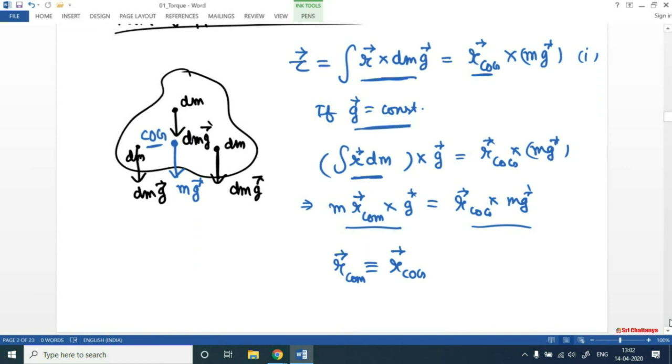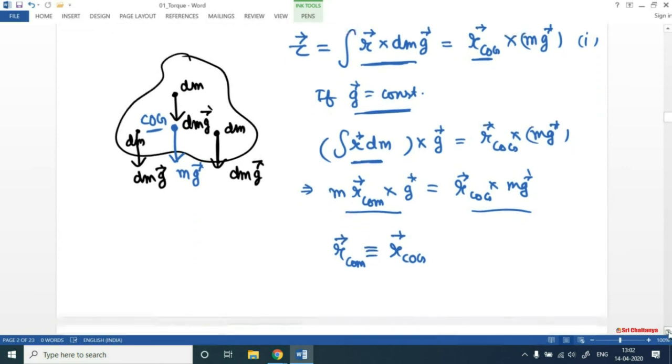As long as we can make sure that we are working in a uniform gravitational field, the center of mass of the body, we can use it as center of gravity. So whenever some weight is acting over a body, we can effectively use for calculation the center of gravity where all the weight will be concentrated. That thing we will be using frequently in problem solving.